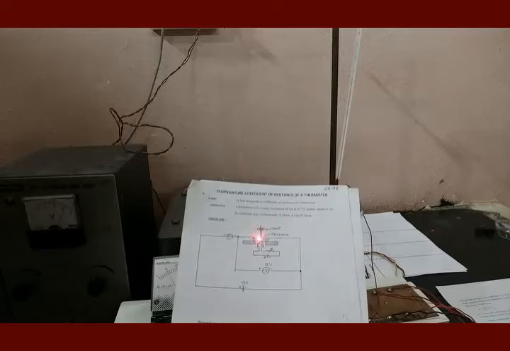On top of the envelope of the incandescent lamp, we are placing the thermistor, and here a thermometer to measure the temperature of the thermistor, and here is the clamp for support of the thermometer.